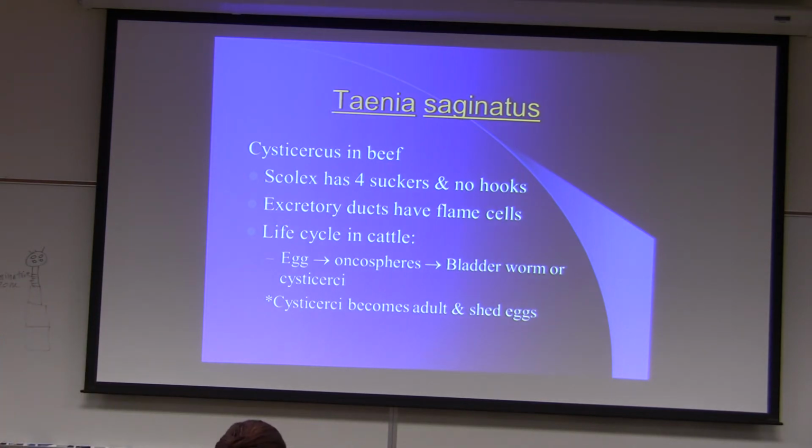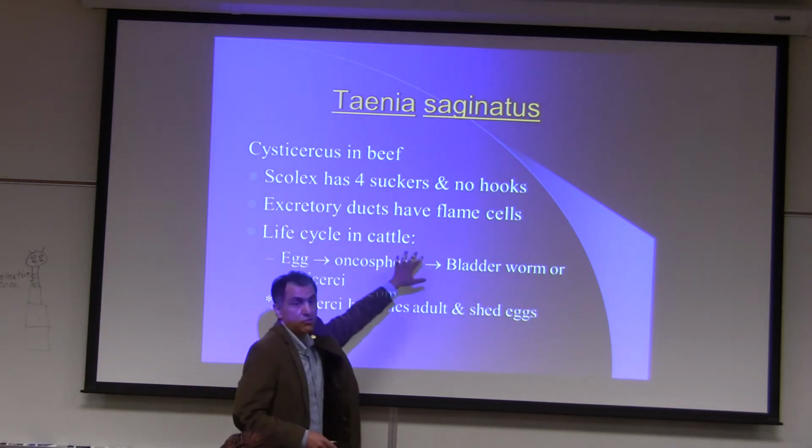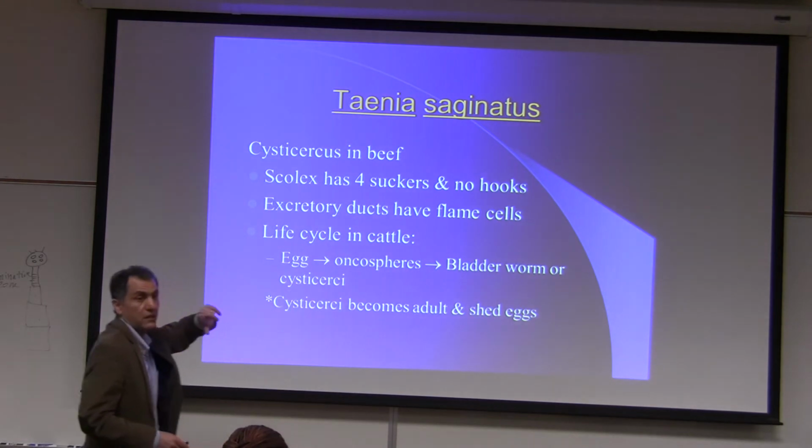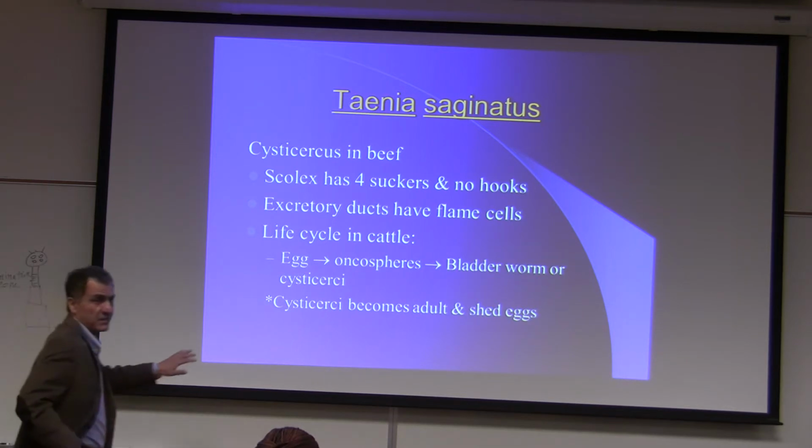So cysticercus in beef, scolex has 4 suckers and no hooks. As I said before, you will see Taenia solium, which has hooks. That is the difference between solium and saginata. The excretory duct has flame cells, and what is the function of flame cells, anybody?